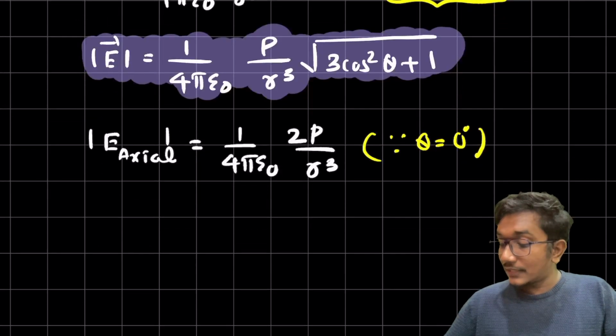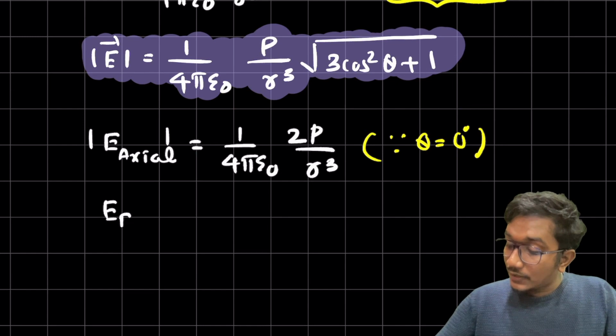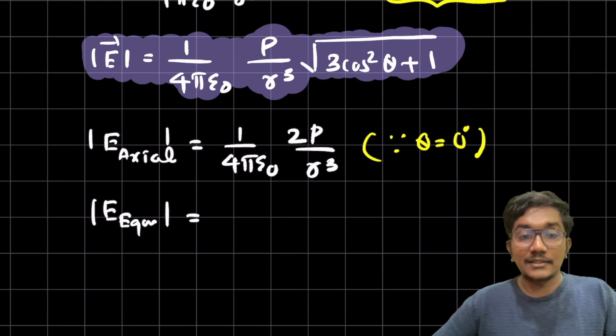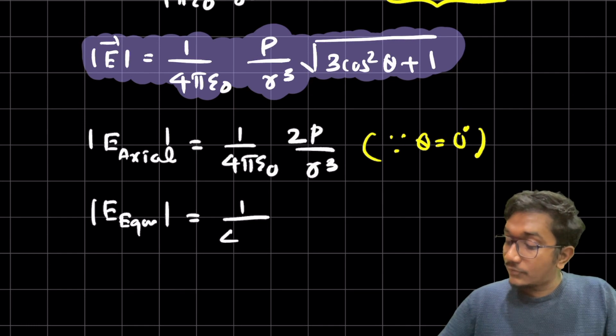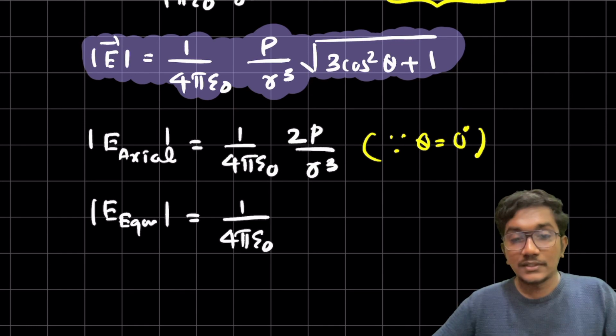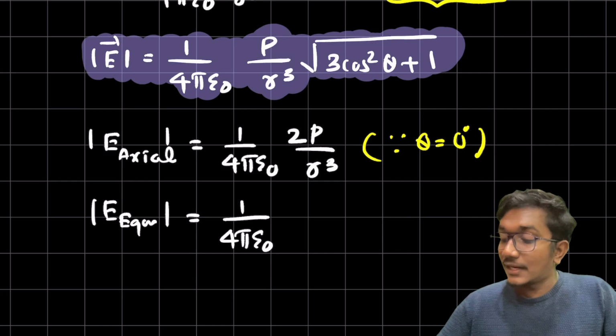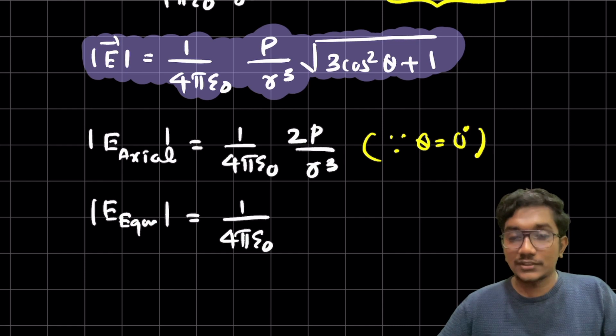Now you can check whether E equatorial is true or not. How much is that? So look at this: 1 by 4 pi epsilon naught P divided by R cube into root of 3 cos square theta plus 1. Theta is 90 degree, cos 90 is 0.